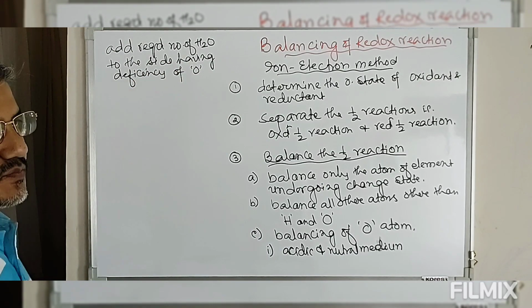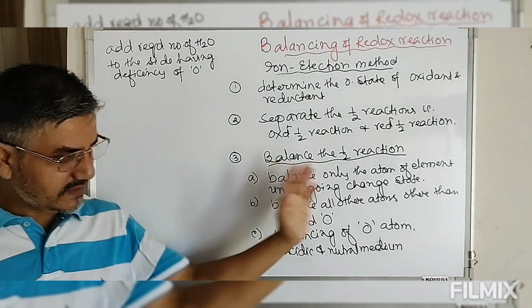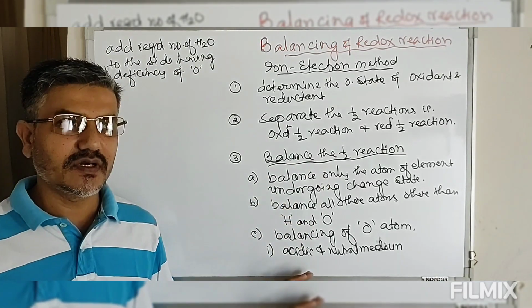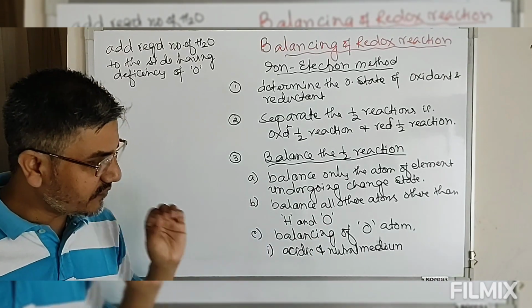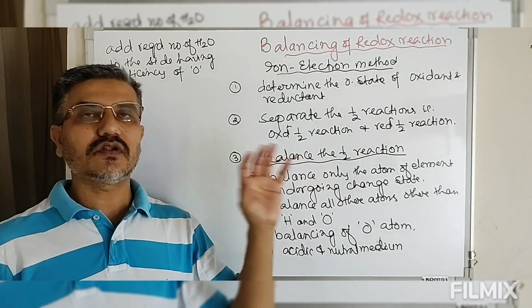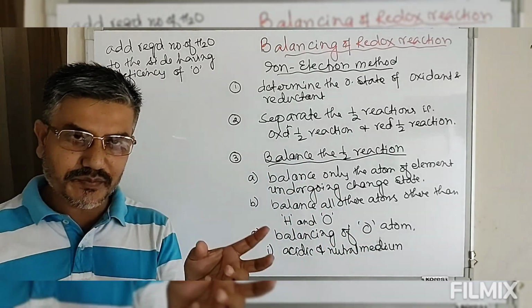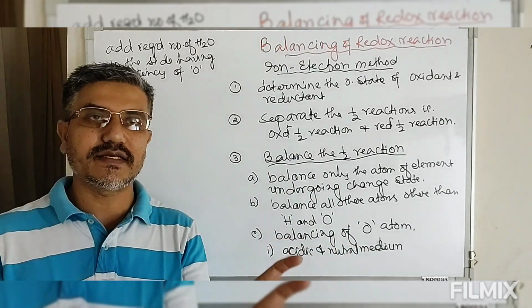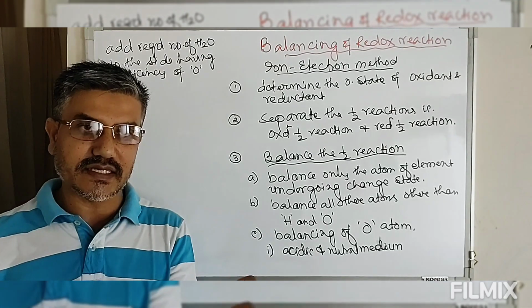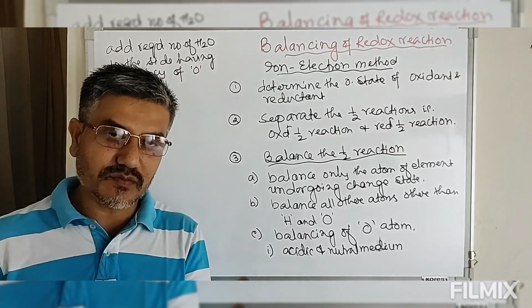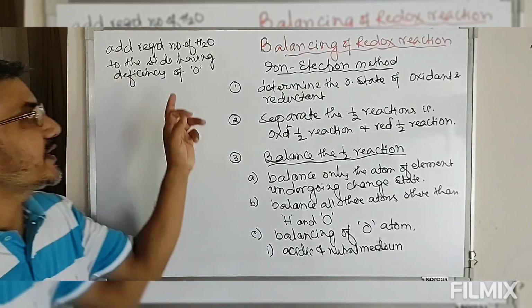So the rule is very simple. When writing this oxidation reduction half reaction, if there is an oxygen atom and the reaction is in neutral or acidic medium, we will just compare the number of oxygen on the left side and right side. If there is any deficiency of oxygen on the right side, we'll add that much oxygen in the form of H2O molecules.